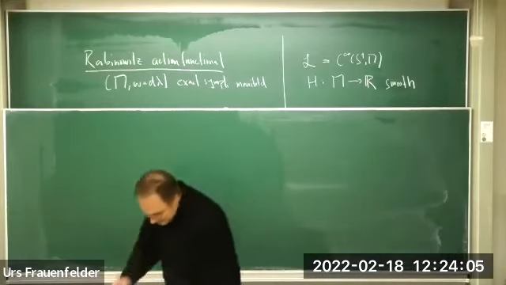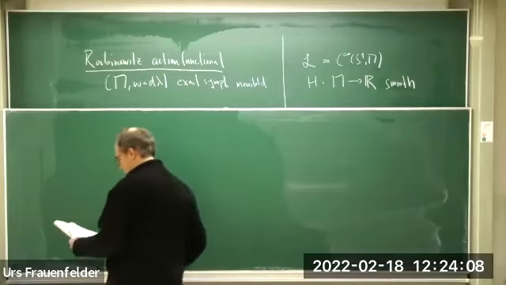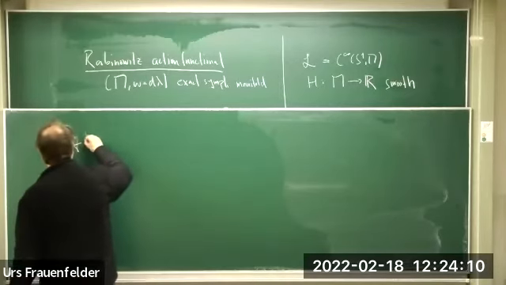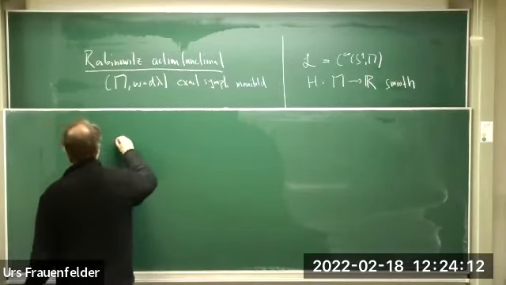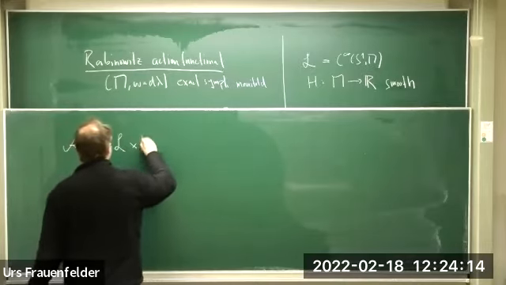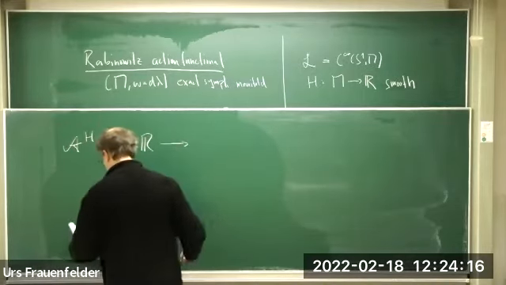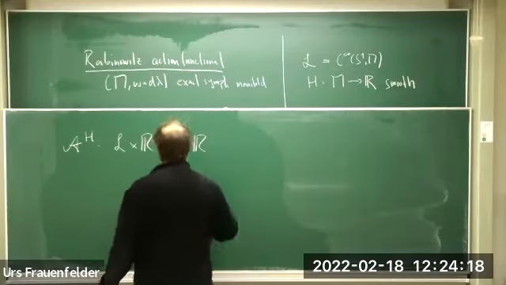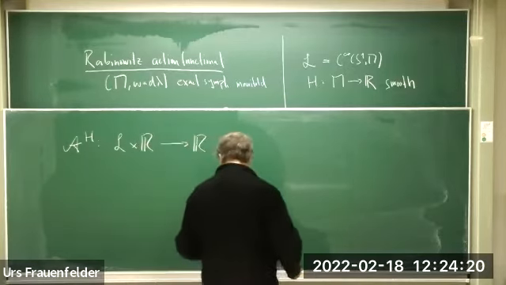So this Rabinowitz action functional lives on L times the reals, to R, and it's a Lagrange multiplier functional.